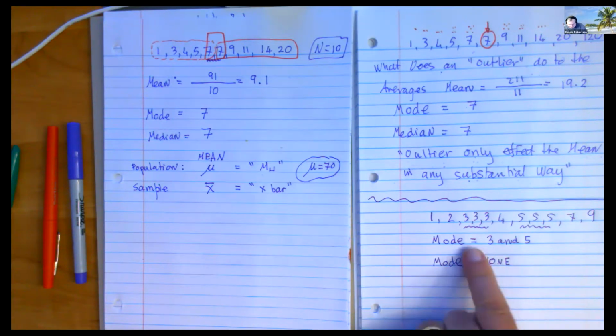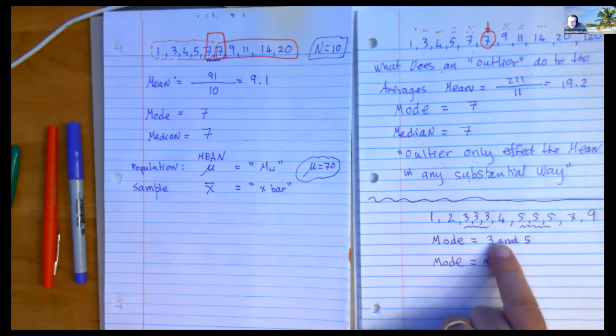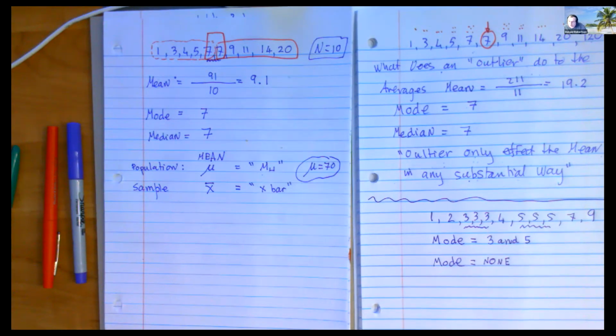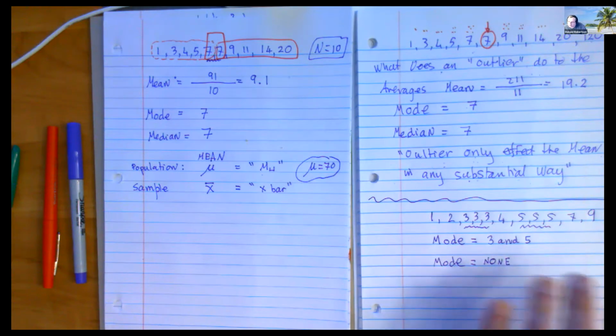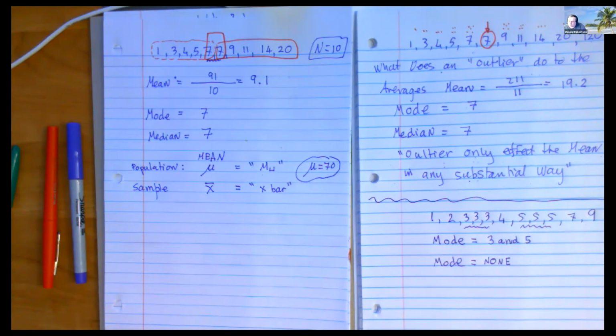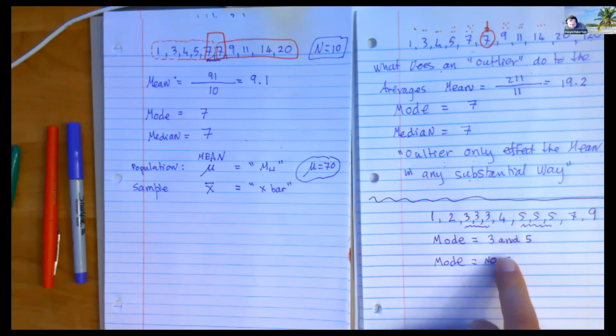In fact, the people who do this version even have a rule that you're not allowed to have more than 2 or 3. If you have more than 2 or 3, they say none as well. So it's just about how many modes you need before you decide there isn't a single mode anymore, right? And so we're going to go by the rule that if there's 2, the answer is none.